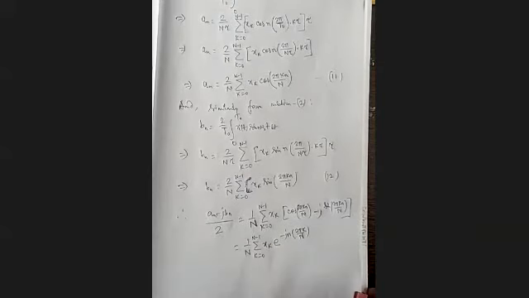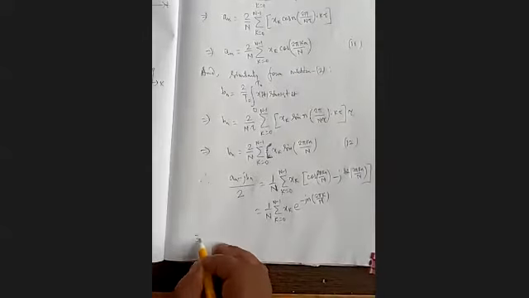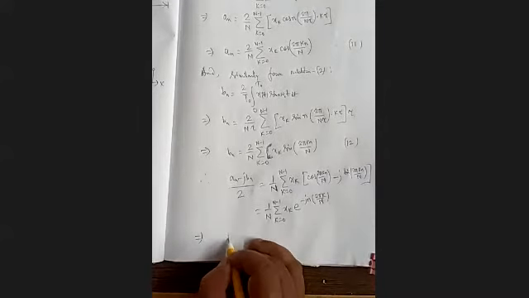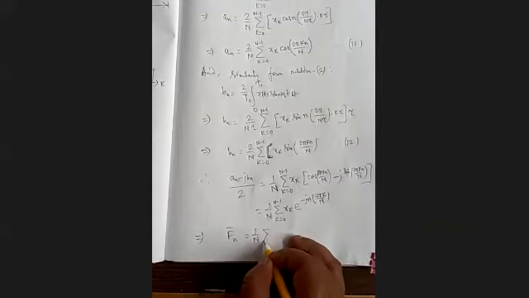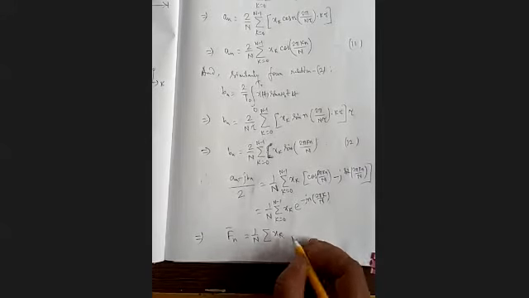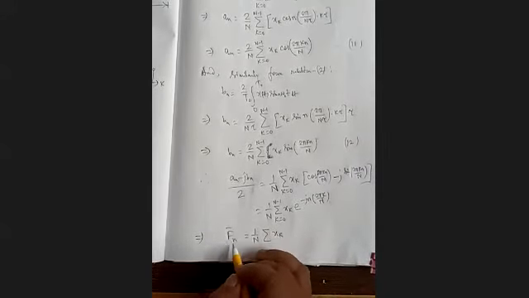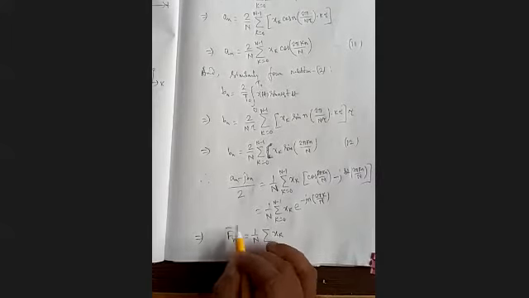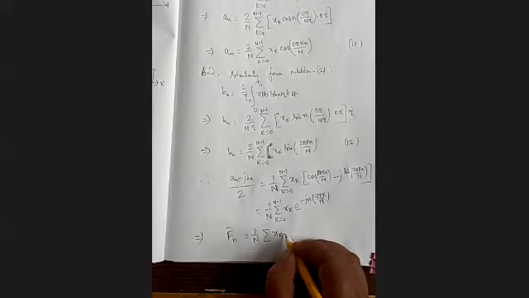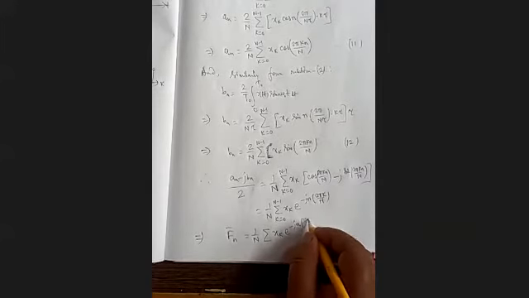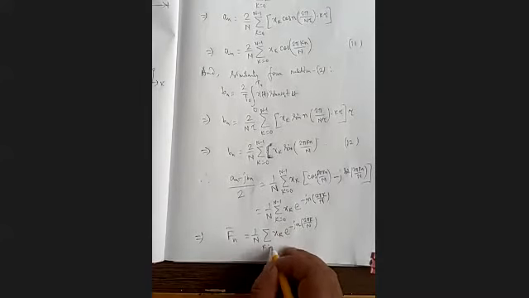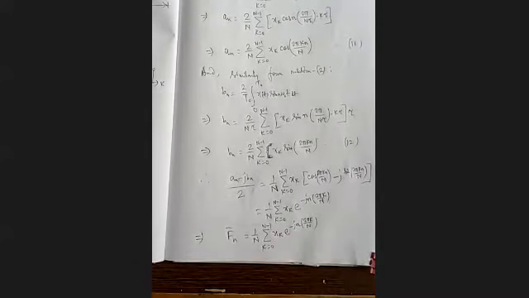It is Fn bar. So we can write Fn bar equal to 1 by N summation xk e to the power minus jn 2 pi k by capital N, k varying from 0 to N minus 1.